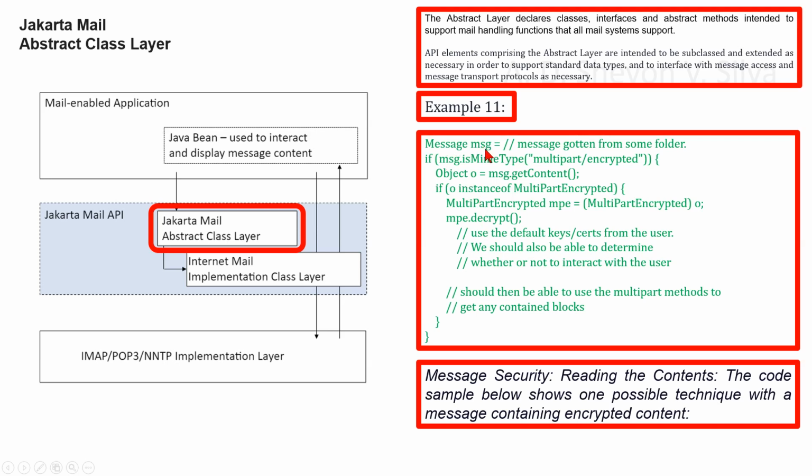The message is gotten from some folder. Use the default keys or certs from the user. We should also be able to determine whether or not to interact with the user. We should then be able to use the multipart methods to get any content blocks.